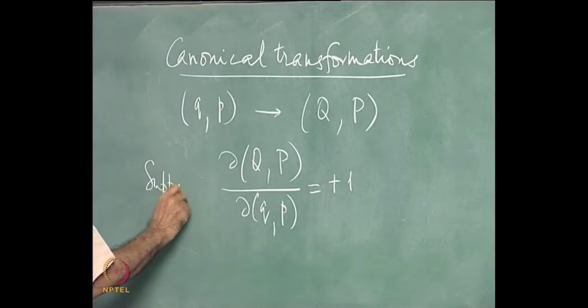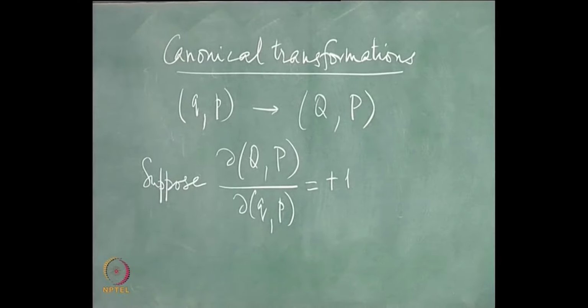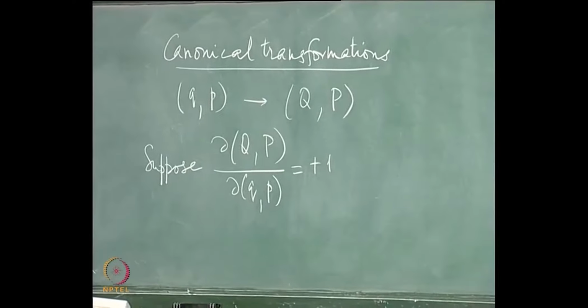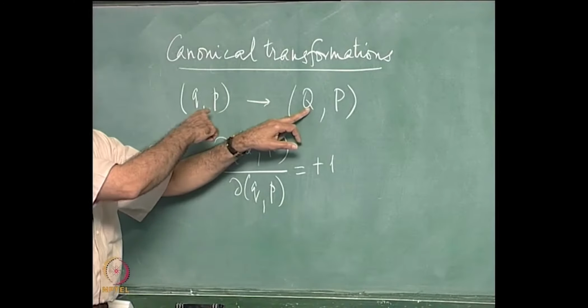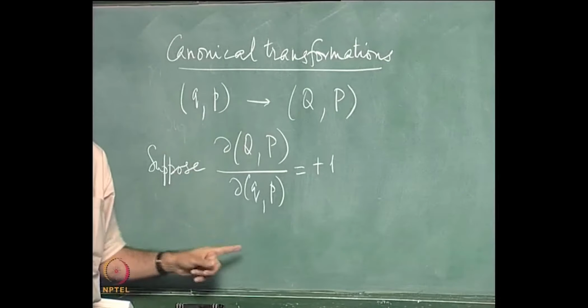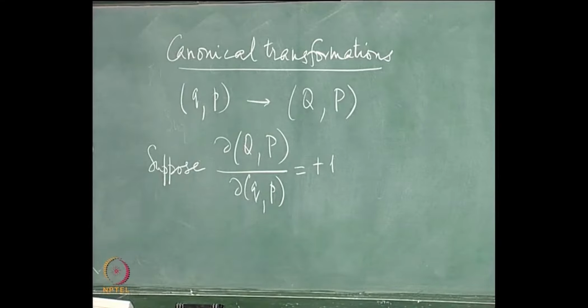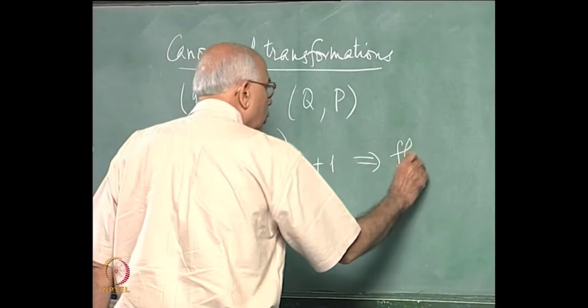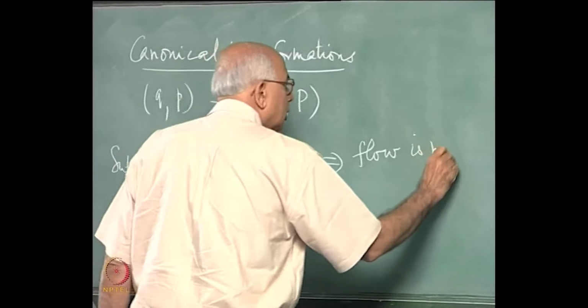Suppose at all points where this change of variables is defined, these functions of the old variables are such that this 2n by 2n determinant has the value +1 identically. What would you say happens to the volume element as written in the new variables? It would be the same. This would imply the flow is measure preserving.